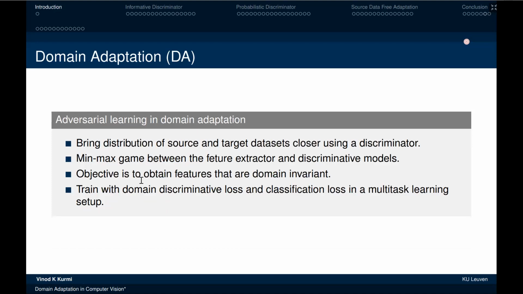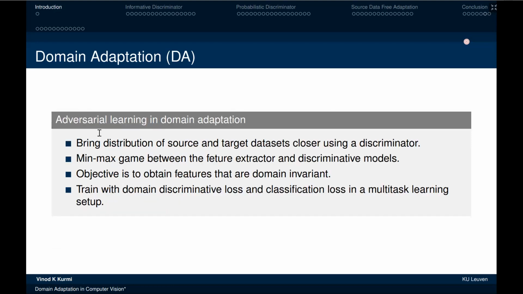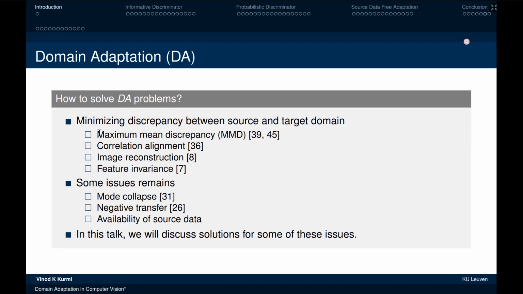Okay, so coming to the adversarial setup. Here we have some defined loss functions for how to minimize the discrepancy between the source and target. For example, we can use the equilibrium distance measure, or some other discrepancy measures that can solve the problem. But with these, we have to design what kind of loss function we are using.